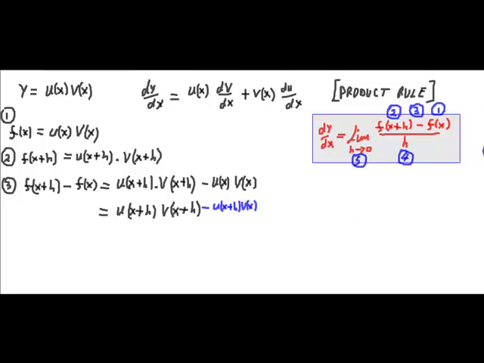So we're going to add the same term again, which is u(x+h)v(x), and of course we still have to put back in the minus u(x)v(x), which was there originally.